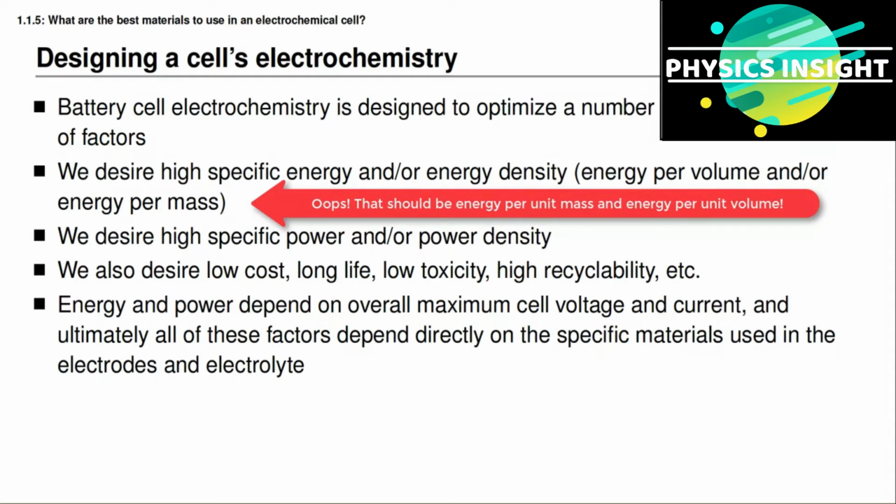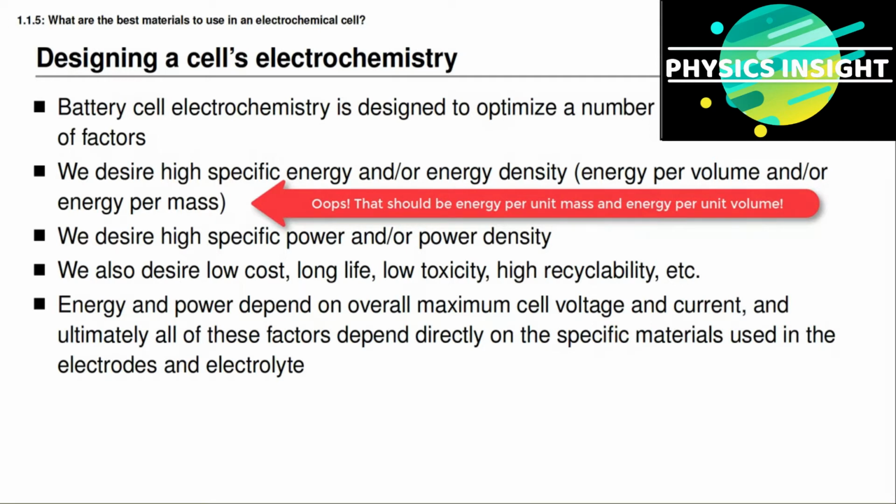High energy and high power capabilities of battery cells depend on an overall maximum cell voltage and an overall maximum cell current. Remember that voltage multiplied by current equals power, and voltage multiplied by current multiplied by time equals energy. So if I can maximize a cell's voltage and maximize the current that we can extract from that cell, we're going to be able to maximize these metrics.